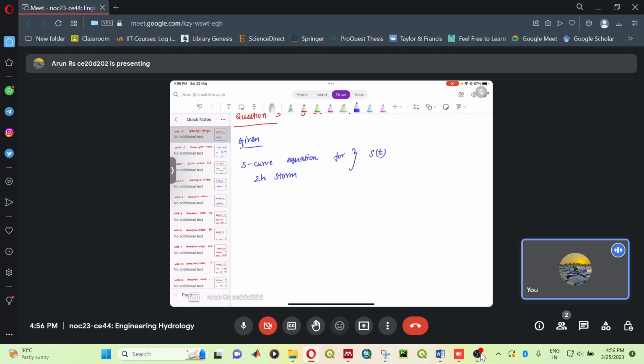So that is S of t is equal to 70 divided by 1 plus e to the power minus 0.75 t minus 4.3, whole power 1.6.